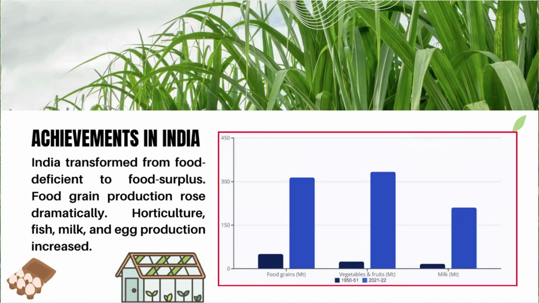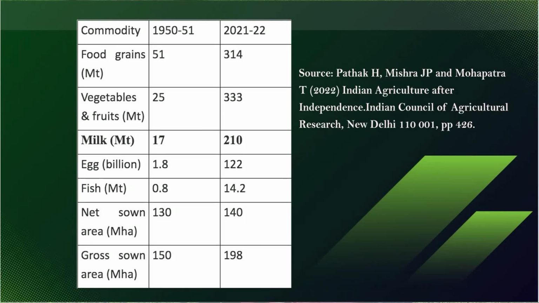However, science and technology led agricultural development transformed India from a food deficit nation into one that is food sufficient, and then food surplus, and even a food exporting country.